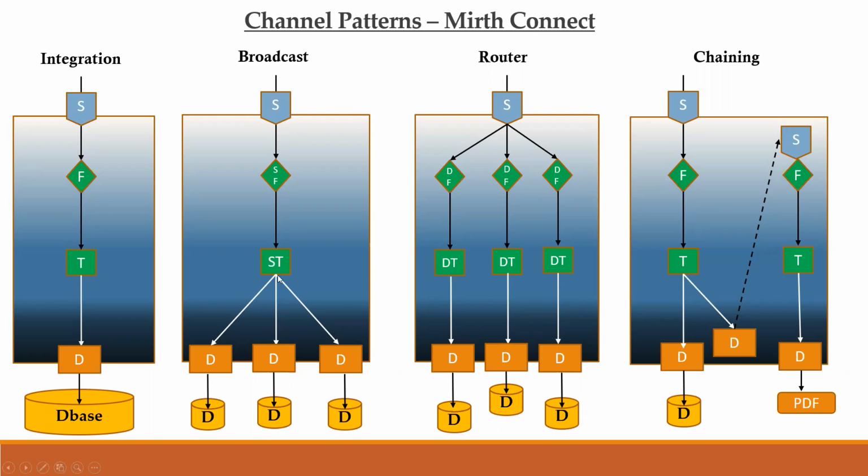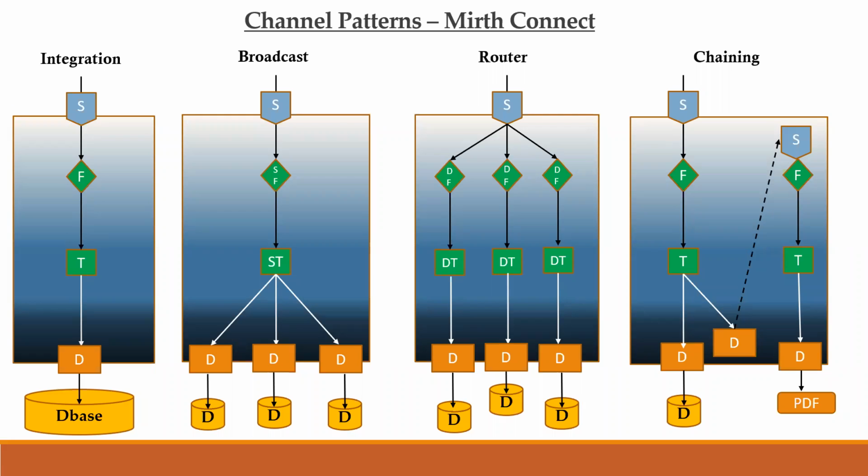Once that is done, the same message is replicated to all the EHR systems and written to individual EHR databases. This is the basic default functionality of Mirth Connect. If you have more than one destination, the same message coming out of the source component will be replicated and sent to all the destinations that are present.